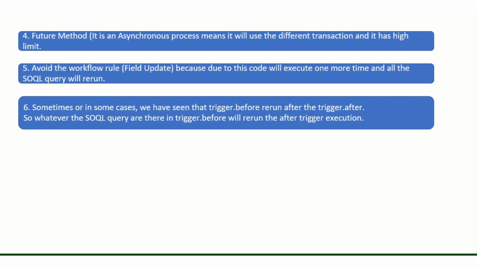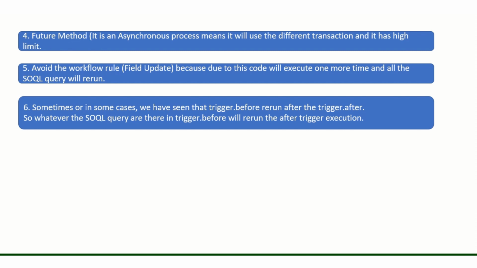Now the sixth one is a very good one, right? There might be a scenario in a trigger where you are using before or after trigger. There might be a chance that the after trigger may call the before trigger. Suppose your transaction is completed and you have run the after trigger, then it might call the before trigger.